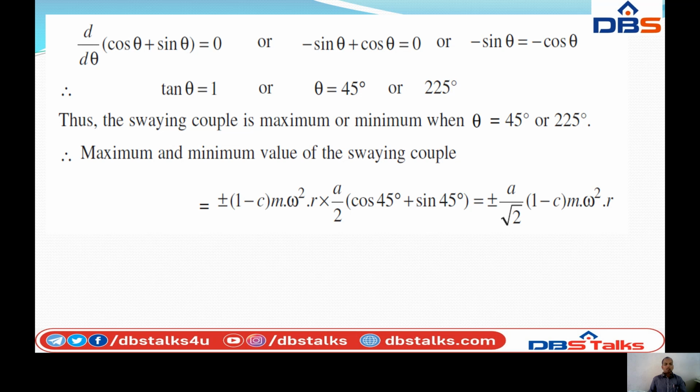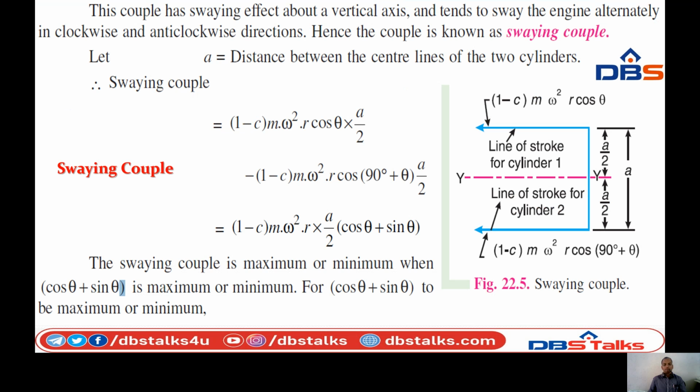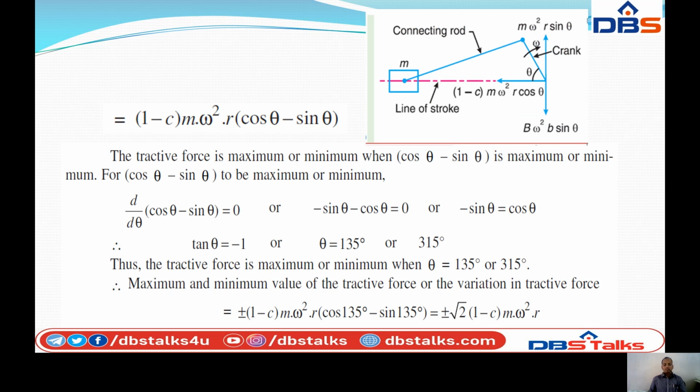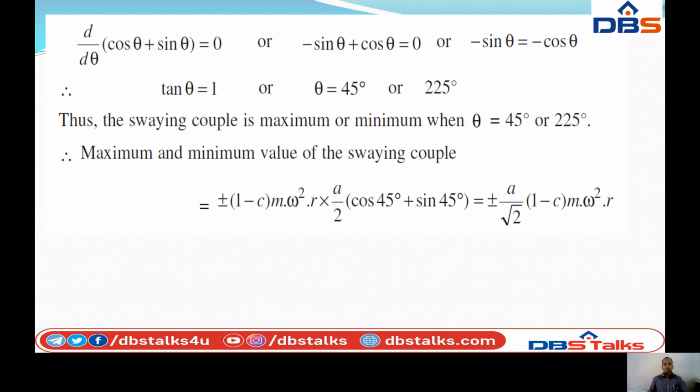If you see the tractive force equation, that is plus or minus root 2 into 1 minus c m omega square r. Here, plus or minus, if you place the a aside, 1 minus c into m omega square r.